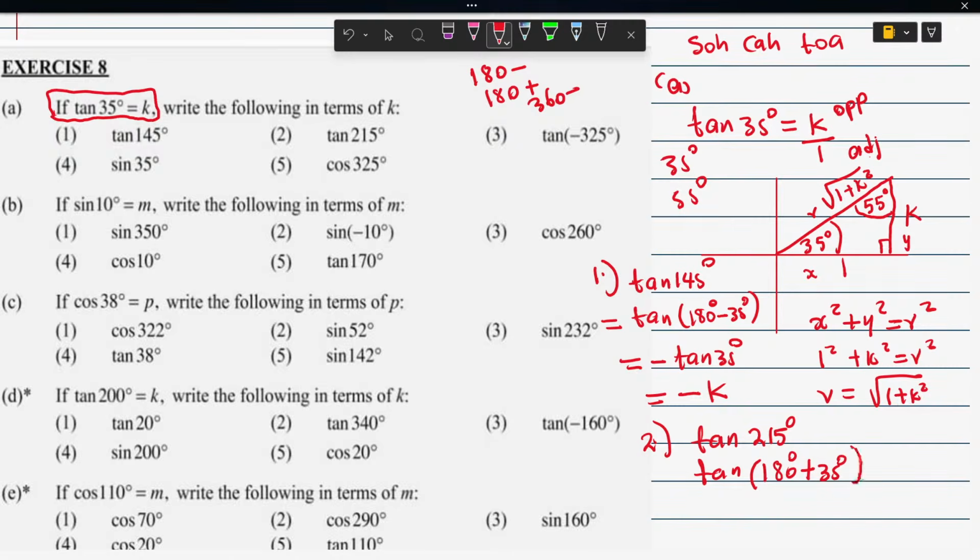Yes, Kopano, that is correct. On the previous one, it's 180 minus. Therefore, this one will be tan 35 degrees, which is going to be K, because tan 35 is given there in the question. That is what we are having.